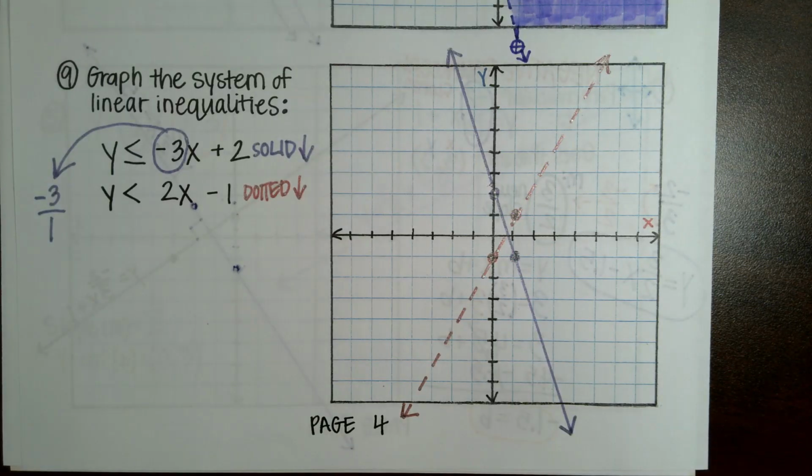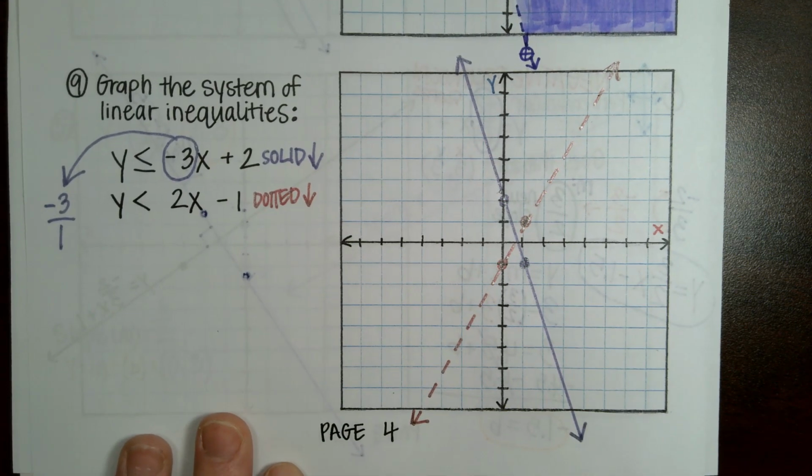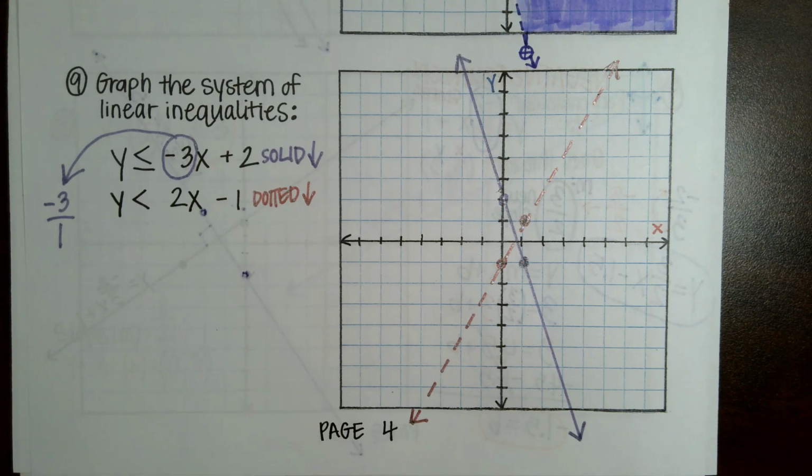Okay, so here are our two linear inequalities graphed. And now we just need to decide where to shade it in. Here's how we can decide using our rulers.